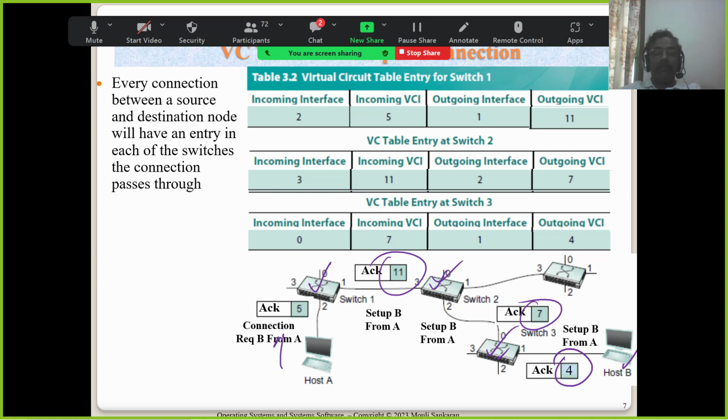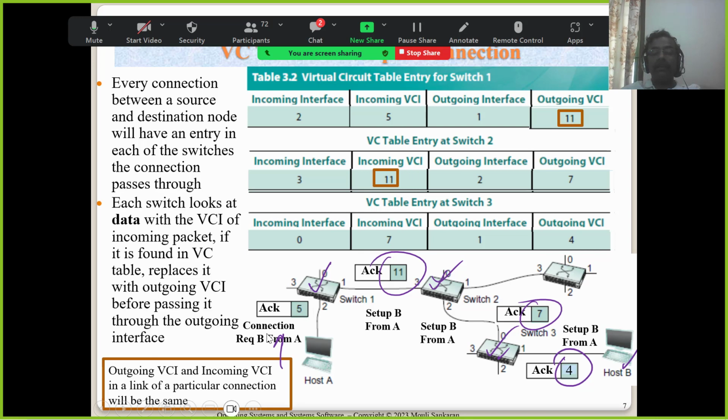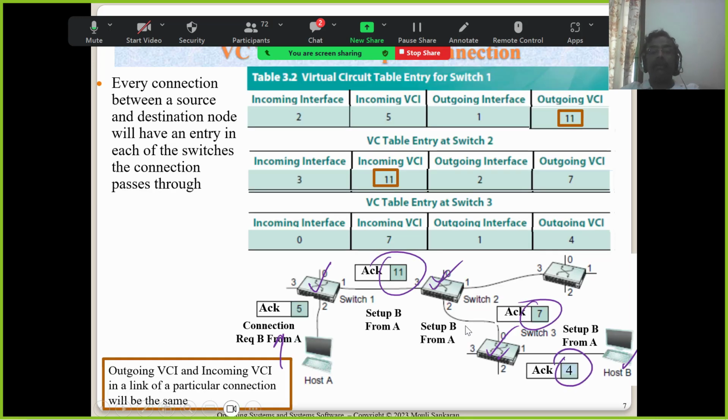Then it sends it. 5 is going, but 7 only is coming actually. Incoming 5, 5 is chosen by this guy. Did I mention anything wrong here? No, I think this guy is choosing that index and then sending it to you. Sorry, I mentioned the other way around. This switch also chooses its own ID and sends it to you. I hope this is clear.